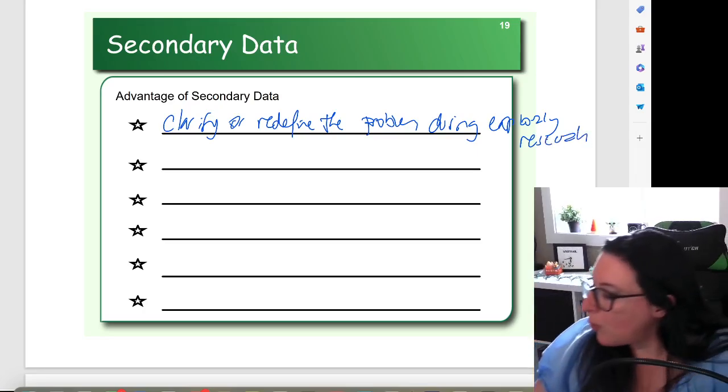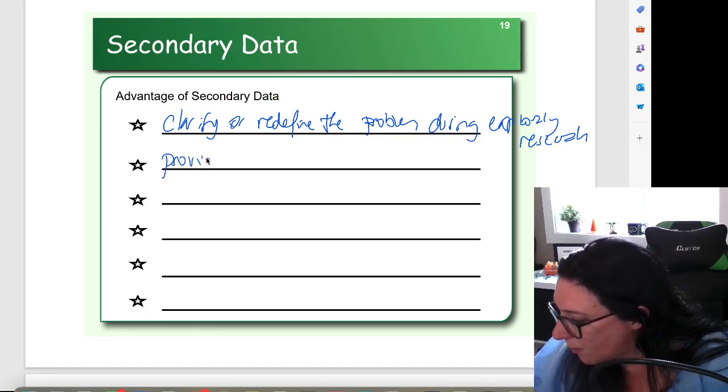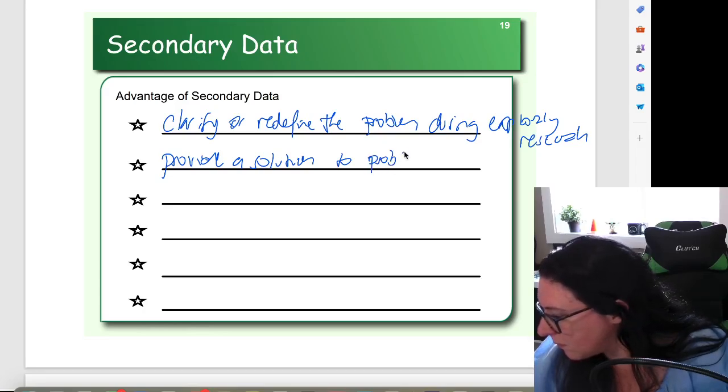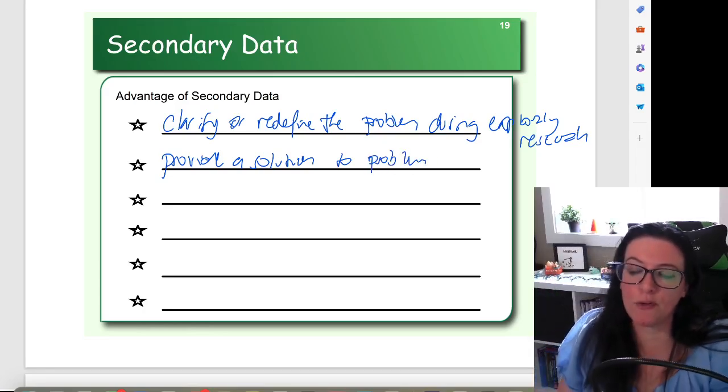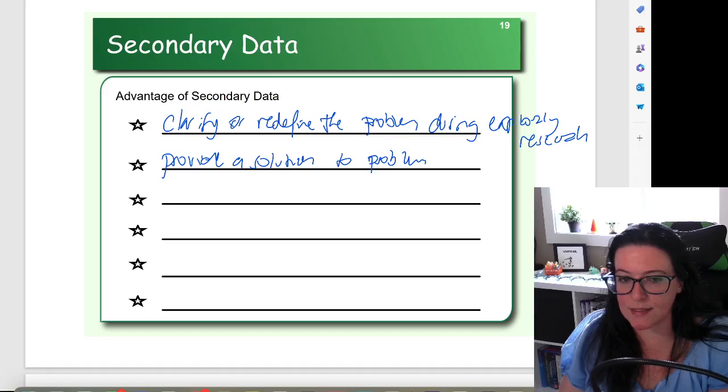We can use secondary data to provide a solution to the problem. We don't need a full-blown research design and process if that information already exists.